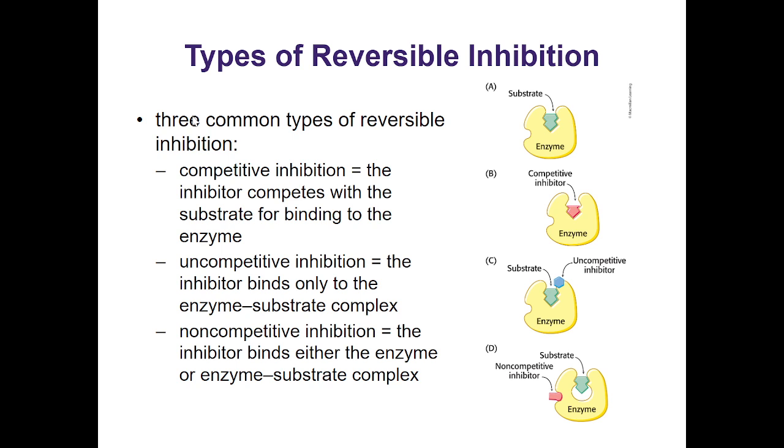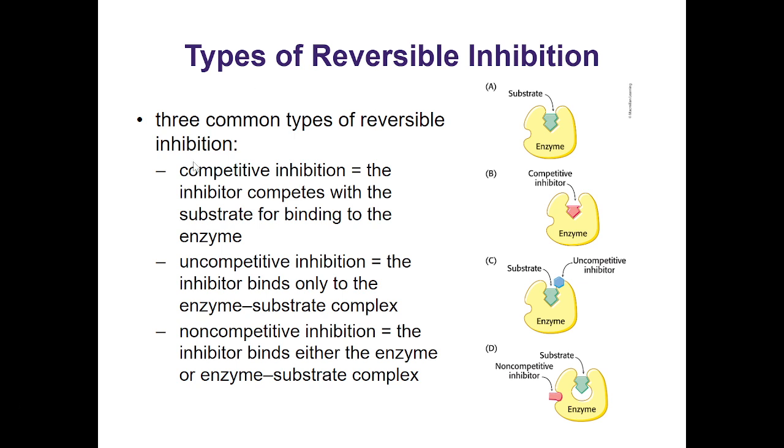Okay. These are three common types of reversible inhibition. Remember, these are all reversible ones. They're going to involve binding of our inhibitor to our enzyme. There's competitive inhibition. The naming of these is exactly what you think, by the way, so do not get confused that this has to be difficult.